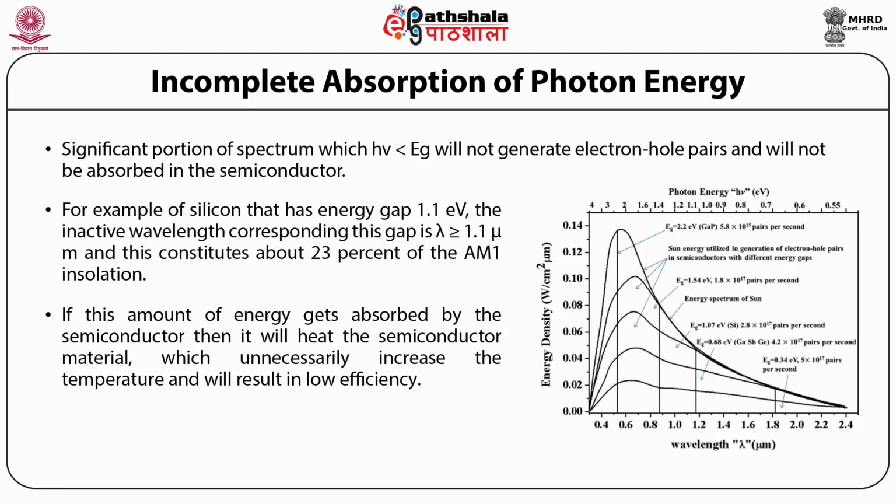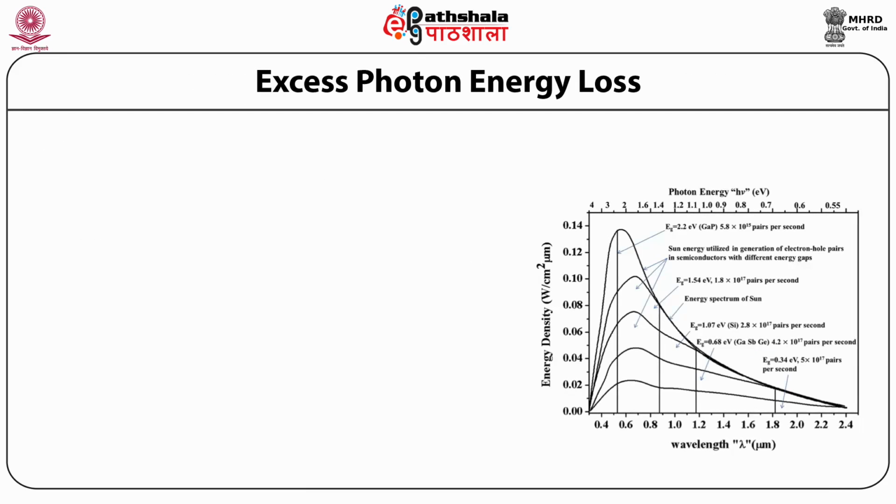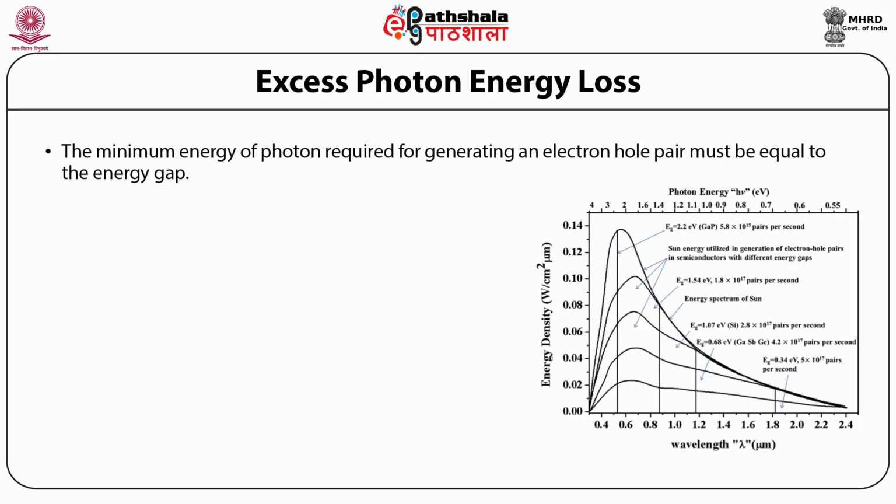Hence, these photons can be removed by using special kinds of filters. Excess photon energy loss. The minimum energy of the photon required for generating an electron hole pair must be equal to the energy gap.